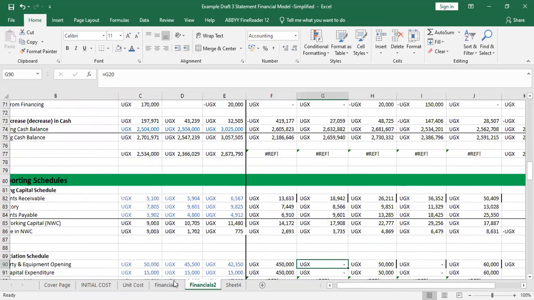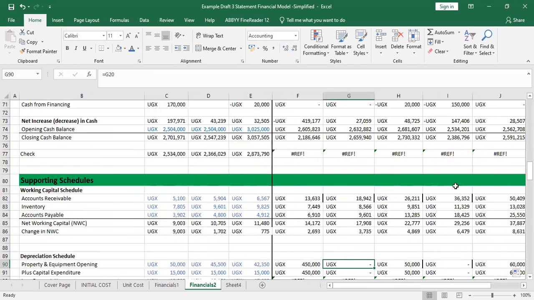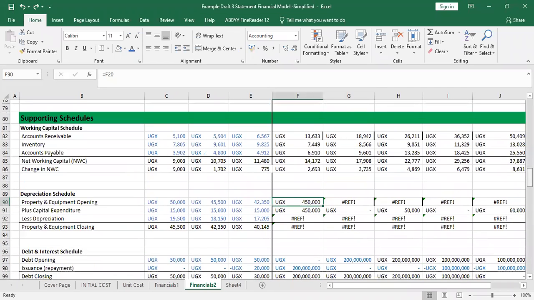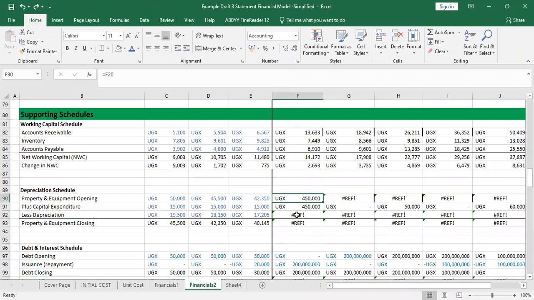Now, after it picking, sorry, let me just repeat this. Because the opening equipment is usually the closing of the other year. Ideally, this should be this, sorry. So I need to put this as this, okay? So that is what we are going to have here.